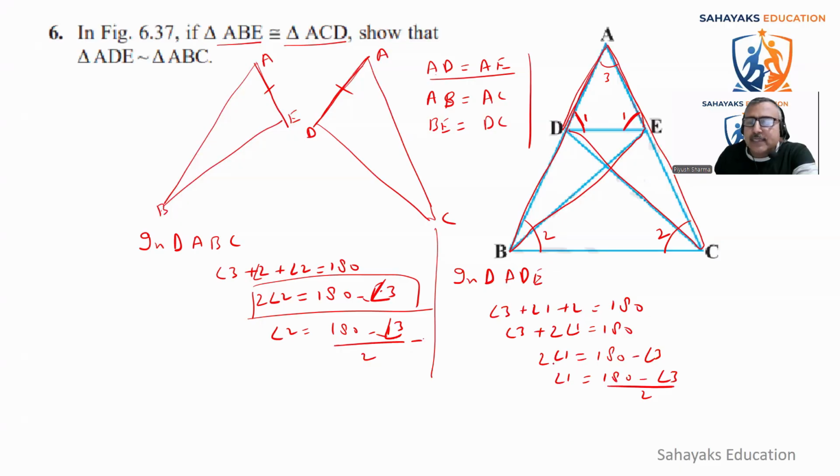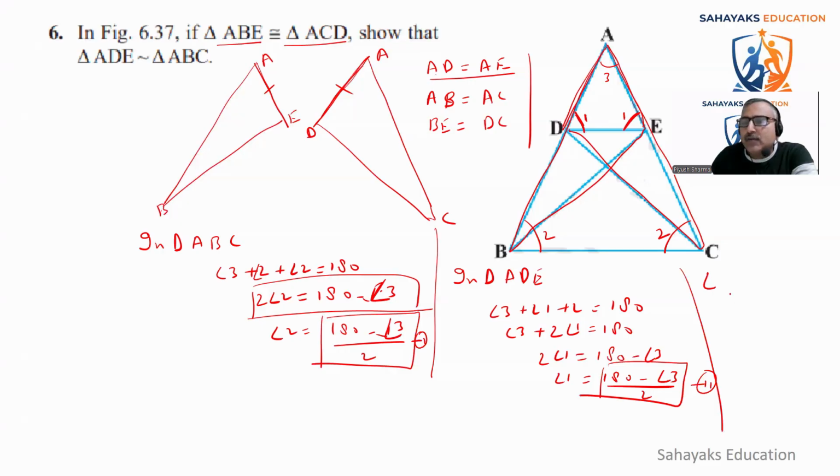So this is the first equation and this is the second equation. See, angle 2 and angle 1 are exactly the same. It is 180 minus angle 3 by 2 in both. So angle 1 is equal to angle 2.